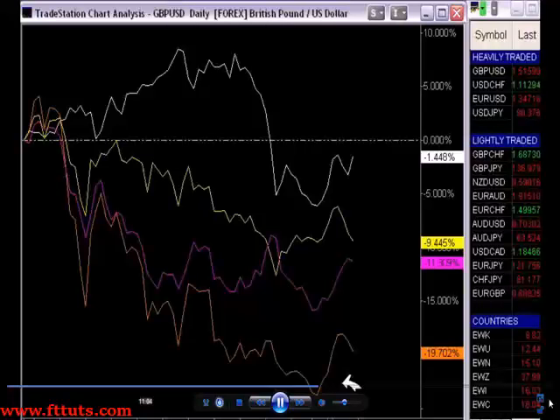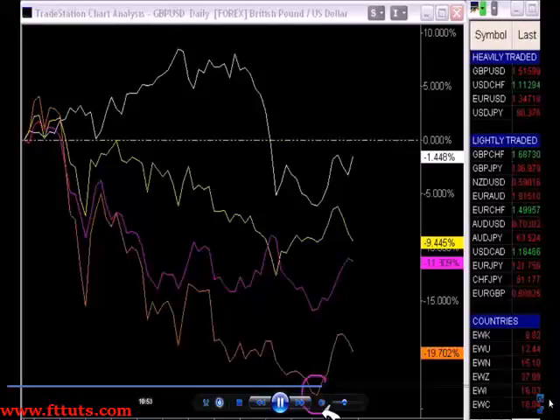Now, here's another way of looking at relative strength. So we've been looking at this orange one, and we've seen that, okay, now we may have a turnaround down here. We've broken this trend line, we've broken this high. But look over here at the yellow one, and this is key.